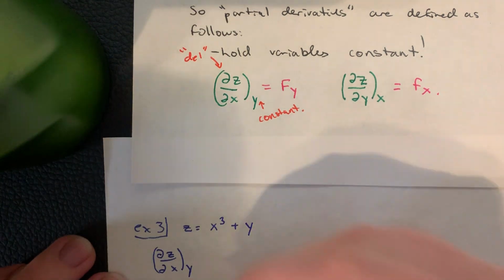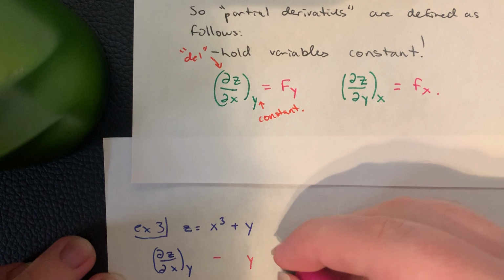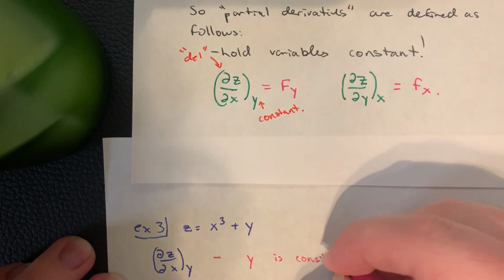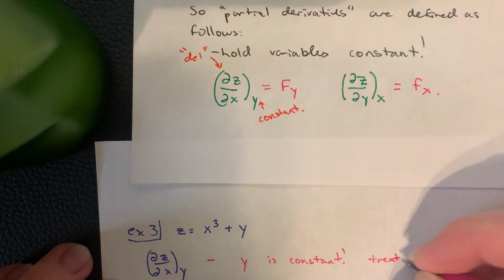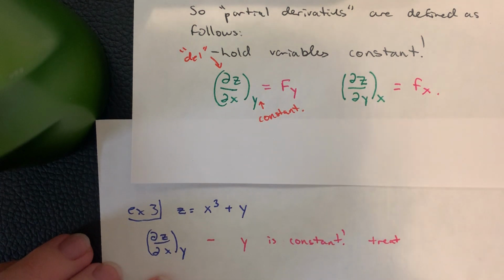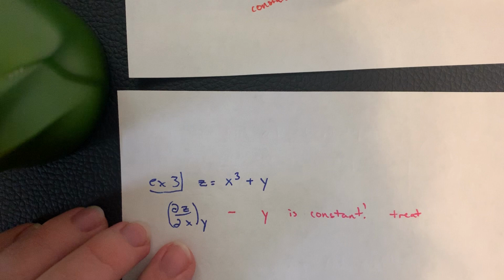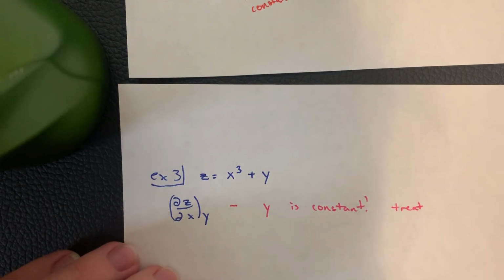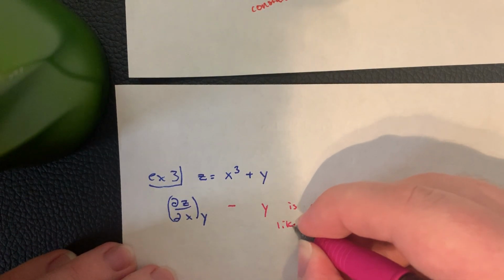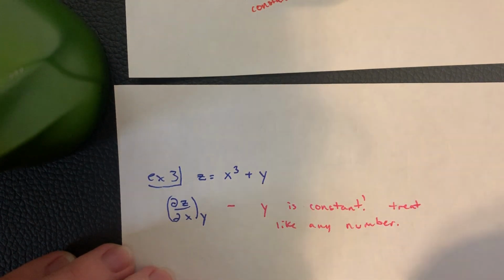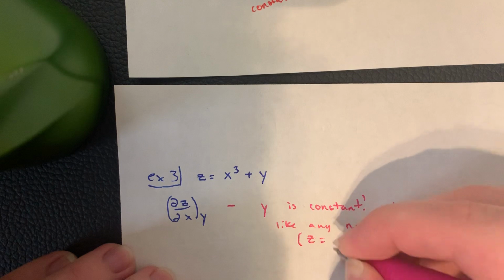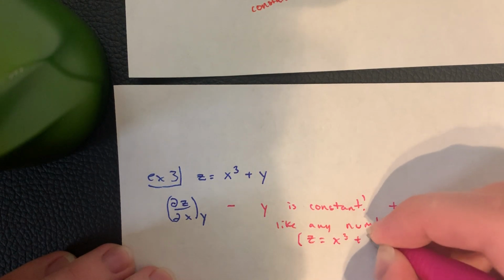So in this scenario, y is the constant. So you could treat it almost, in a really simple scenario, like any number, if that helps you visualize it more. So like z is equal to x cubed plus 2.